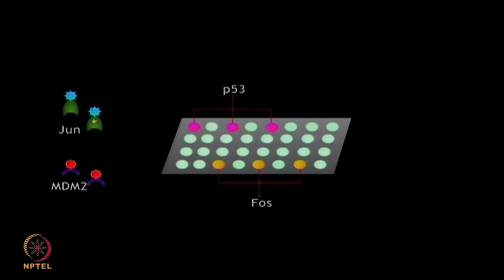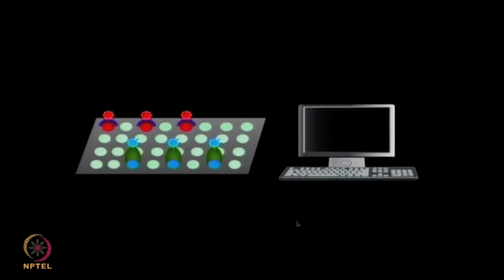Now, if we drag the Jun protein, it should interact with the Phos protein, as you can see by these interactions here. Now, MDM2 protein interacts with P53 protein. Once this interaction is established, these signals can be detected by using a scanner.